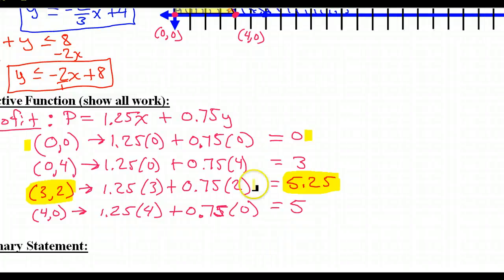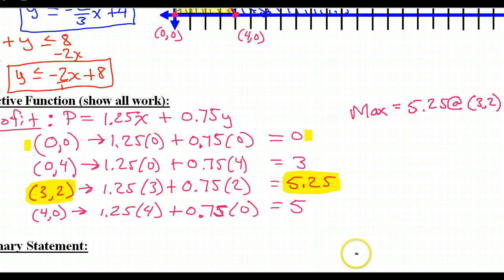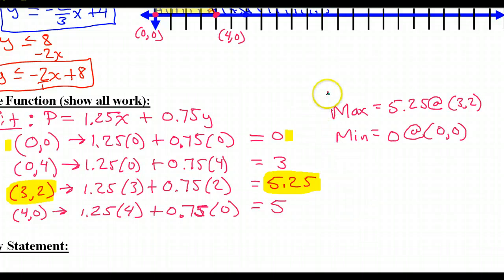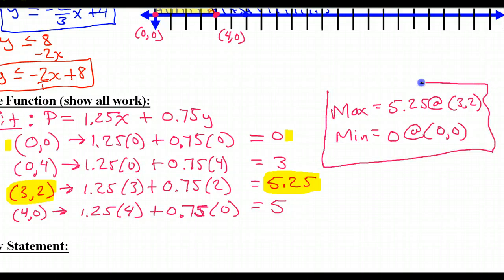Just as part of your work, record that we had a max of 5.25, and that occurred at the point 3, 2. And then we had a min of 0, surprise, surprise, that occurred at 0, 0. So that should be in your work for your objective function.